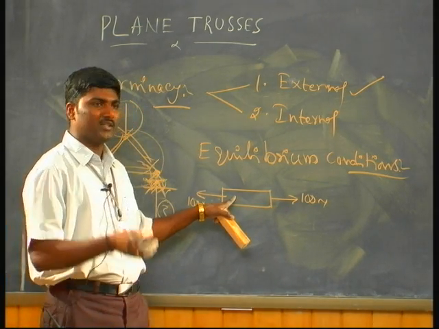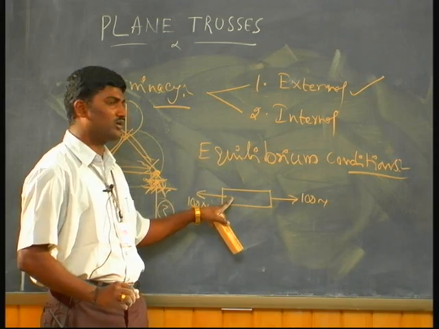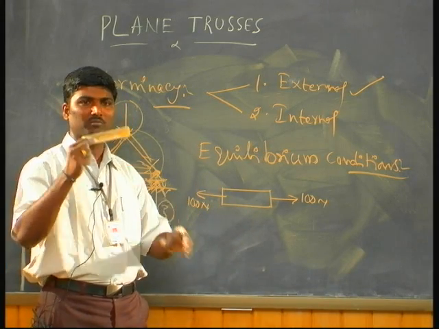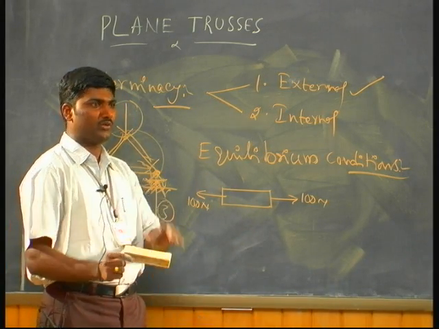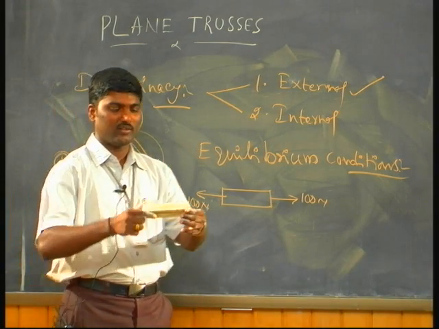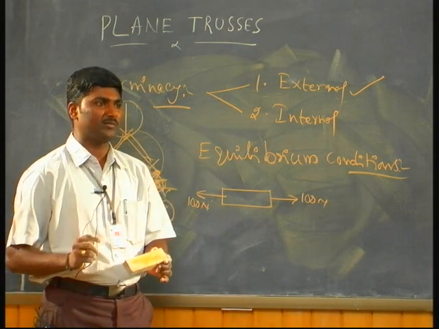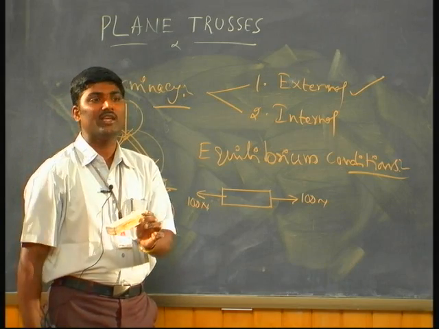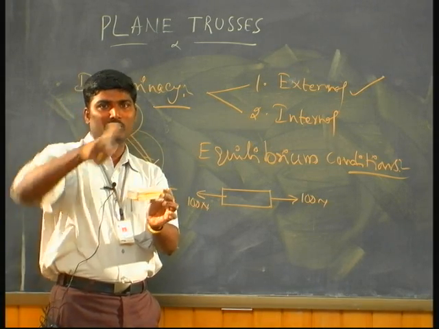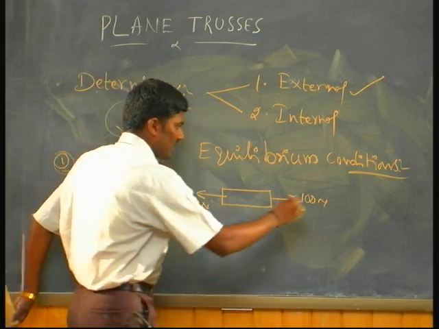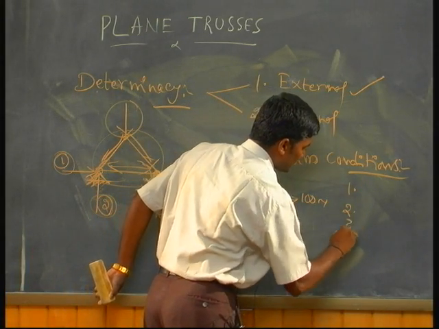There are 3 conditions like this. If you want to say that a member is completely under equilibrium, you need 3 conditions. One is horizontally it should be in equilibrium, vertically it should be in equilibrium, and upon rotation, 3.